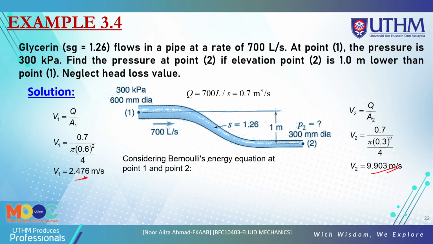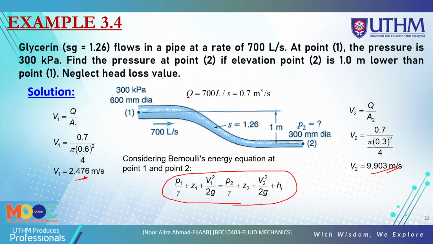Consider the Bernoulli energy equation from point 1 to point 2, so use this formula. Neglect head losses, so the head loss is 0. We will use these head losses in topic 4, where we also use the Bernoulli equation with energy losses.